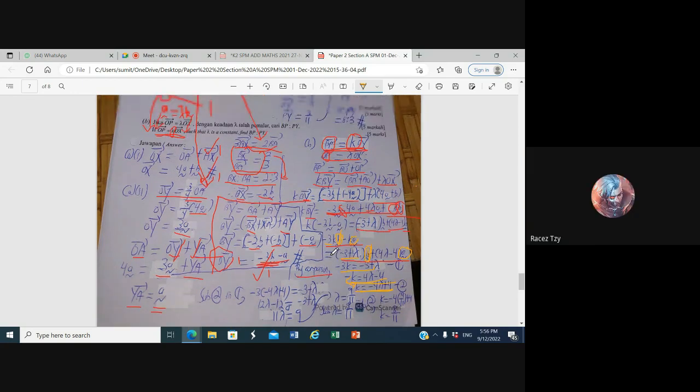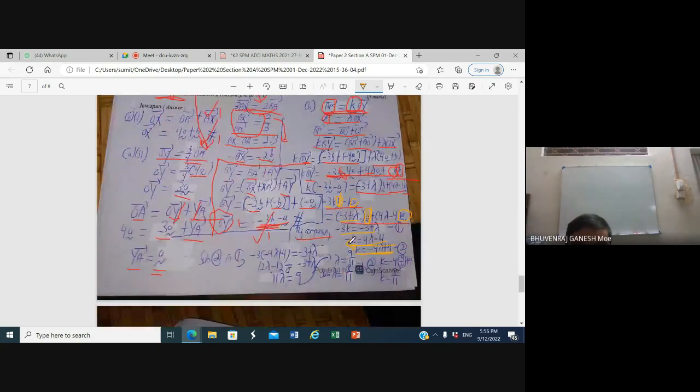You times the whole equation by negative. The K is positive here and negative there, so if you times the whole equation by negative, you get positive. You want to make your subject a positive K only, not negative K.